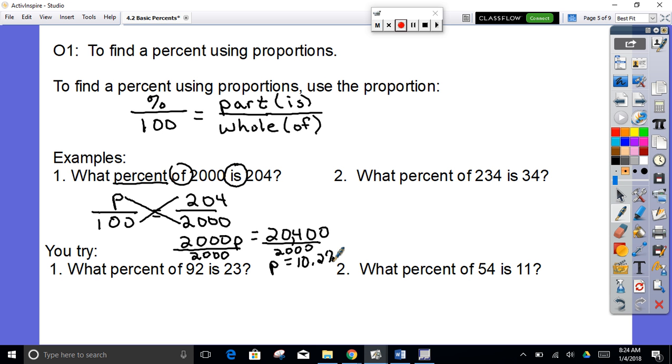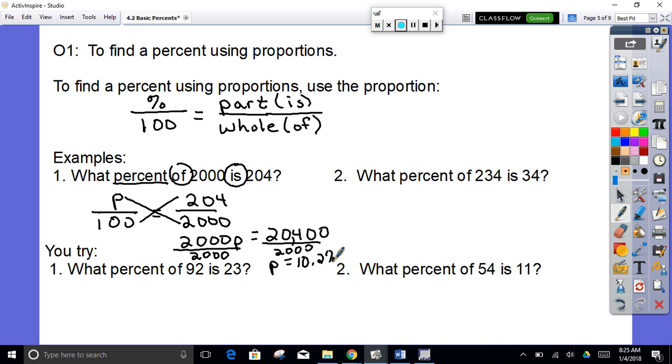There are other ways you can solve proportions. Also, you can think, how many times does 100 go into 2,000 and find kind of a scale factor and go backwards from that. But the easiest way is to cross multiply. So we multiplied here to get 2,000p, multiplied here to get 20,400, and then we divide it by 2,000 to solve for p.